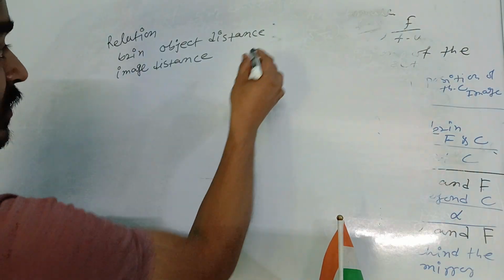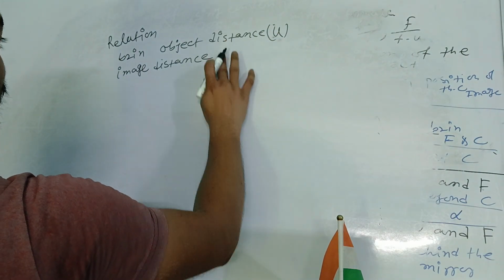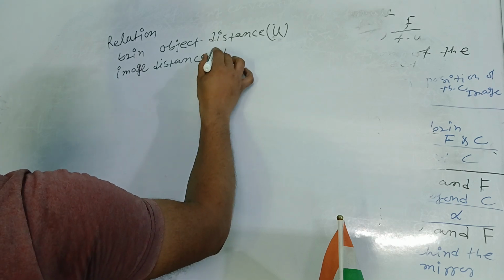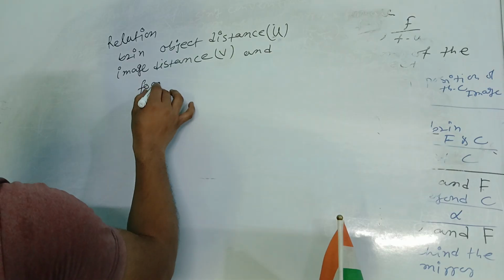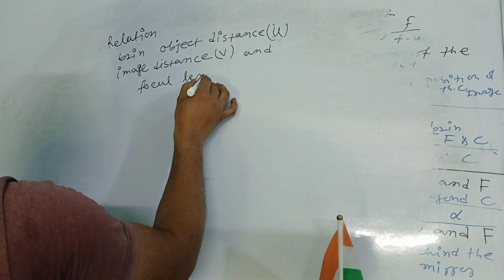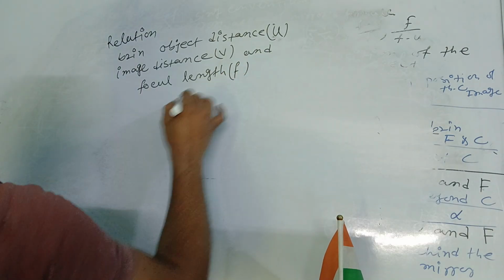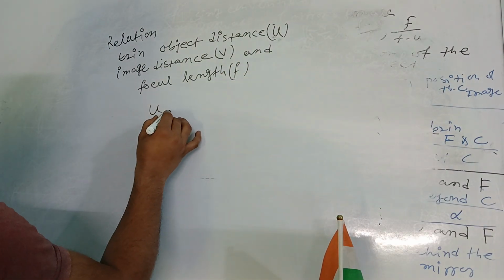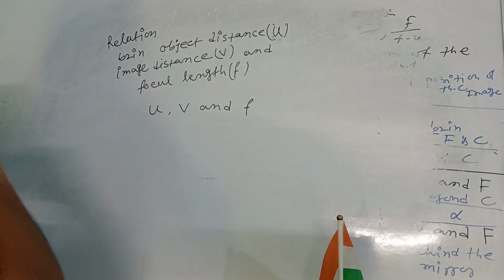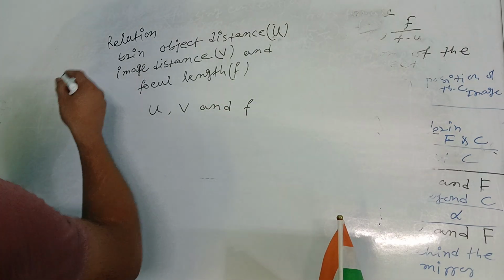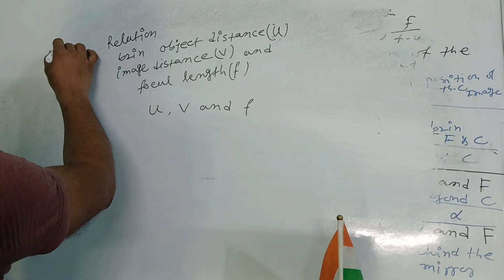Object distance is shortened as u, image distance v, and focal length f. So the relation between u, v and f, in the case of reflection, is the mirror formula.